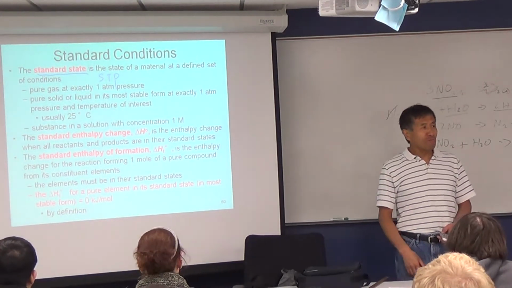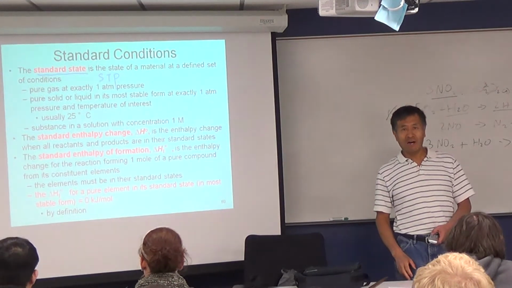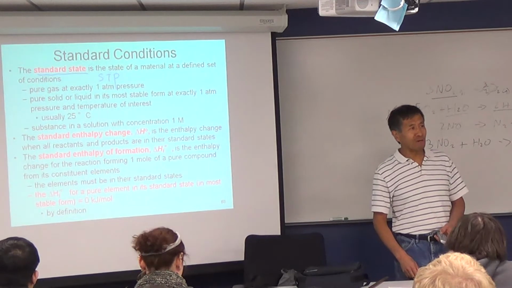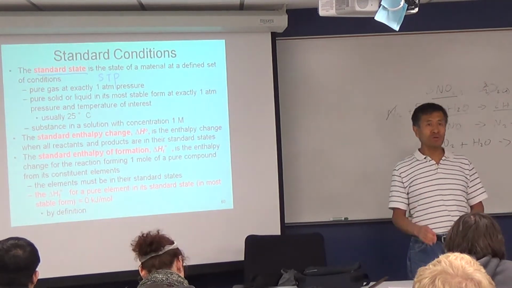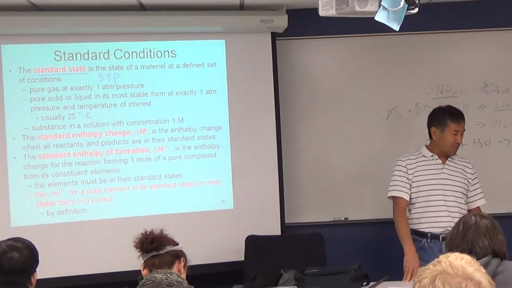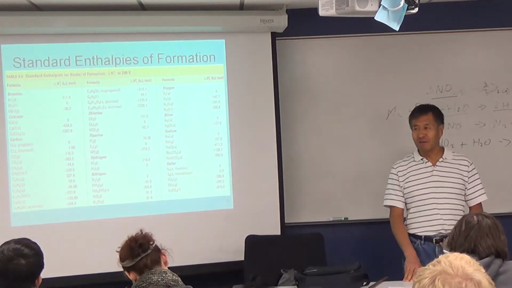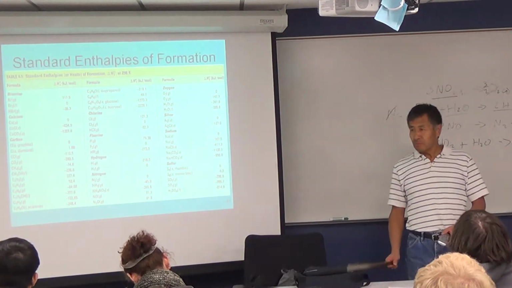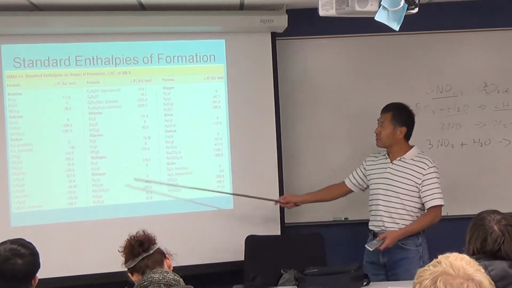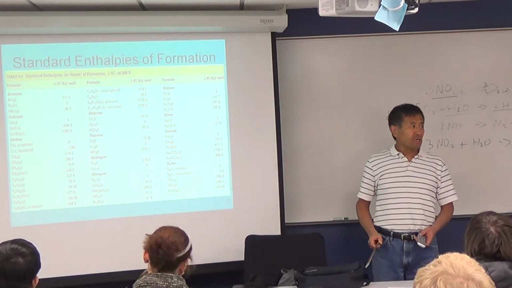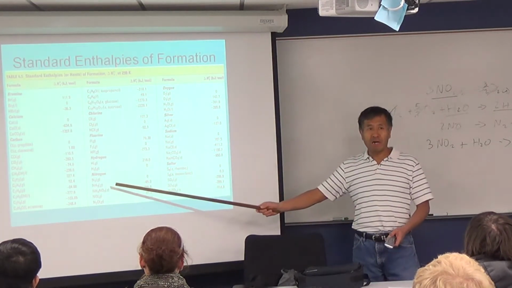Right? But once you have that in mind, you can think about how you produce some of those substances. For example, how you produce carbon dioxide on this slide, next slide, from the elements. Then you will have those numbers, measured ones, in the table. And I think this is only one part of the table.